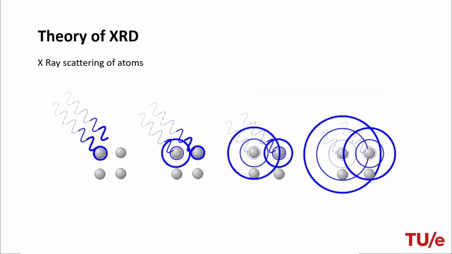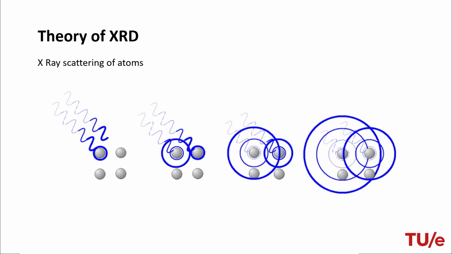XRD works through the X-ray scattering of atoms. Electrons in the atomic shell interact with X-rays, causing deflections. X-rays are electromagnetic waves with high energy and short wavelengths, comparable to the atomic distances. When X-rays hit an atom, they interact primarily with the electron cloud, causing electrons to oscillate.